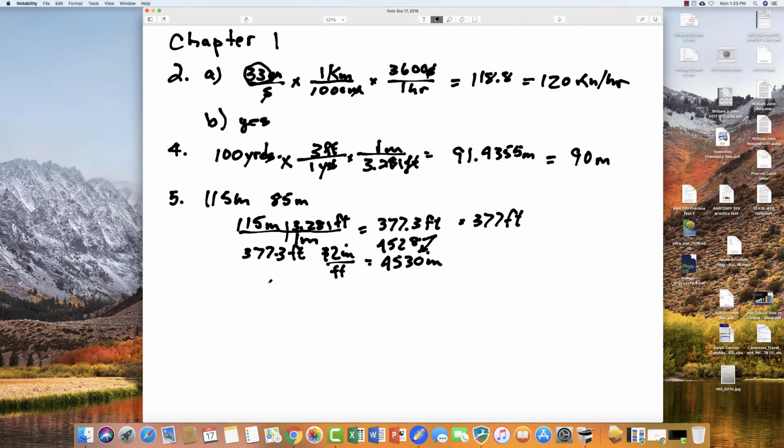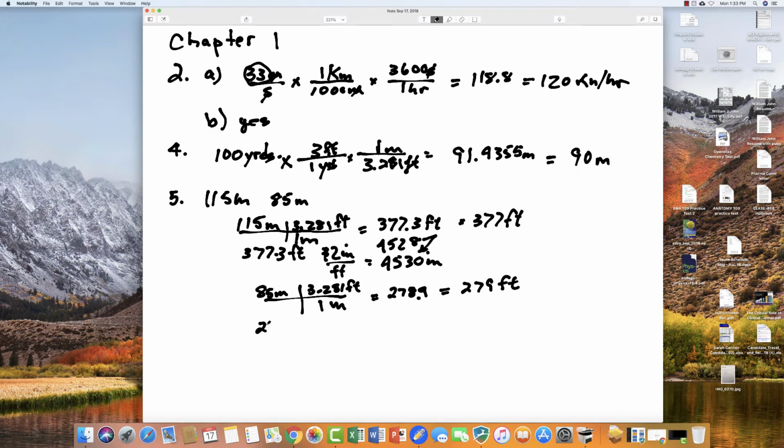The 85 meter width, you do the same calculation, 3.281 feet in 1 meter. If you do that, you'll get 278.9 feet, which corrected to three significant figures is 279 feet.